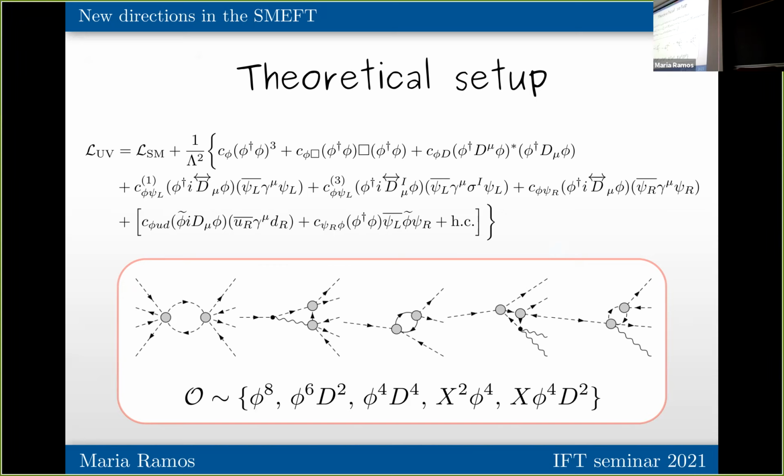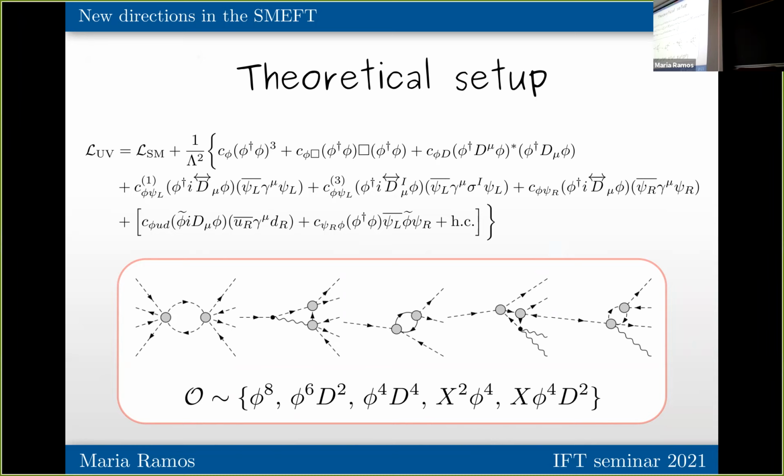Once you put these operators at the loop level, you can generate this class of dimension 8 operators. For instance, if you insert two Higgs to the 6, you produce a Higgs to the 8, and so on and so forth. Of course, you can produce Higgs to the 8, Higgs to the 6, or Higgs to the 4 operators with derivatives and field strength tensors.